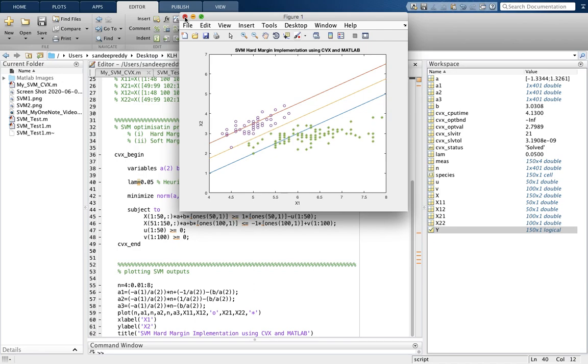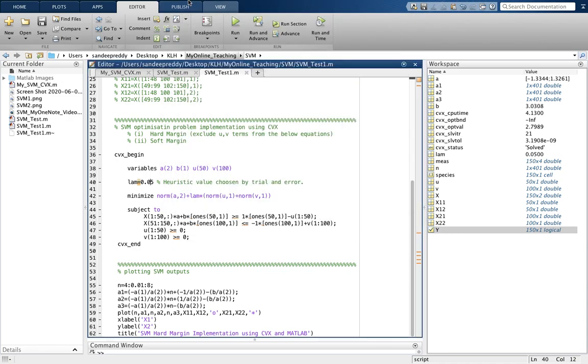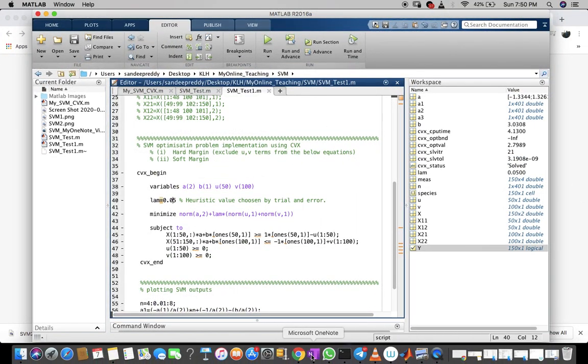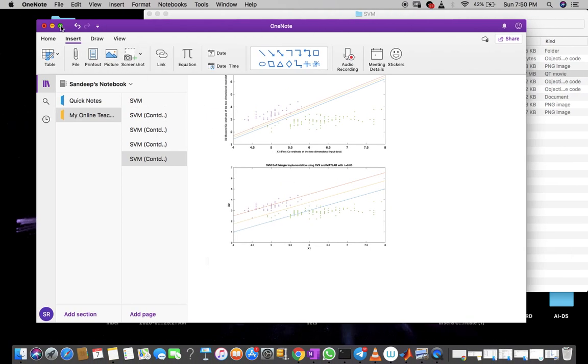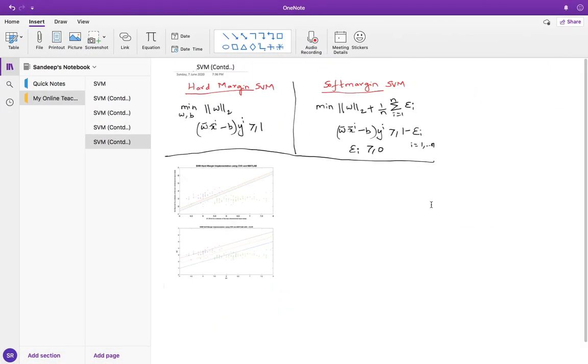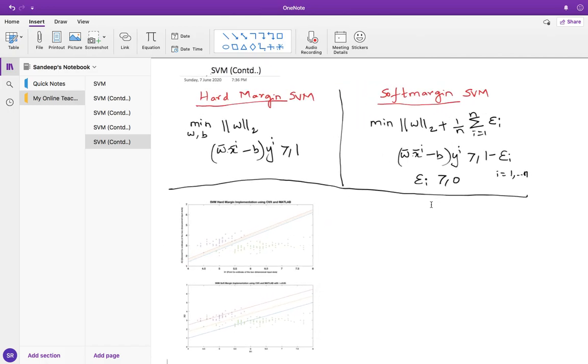You can study more details and apply it to various data sets and study further. Let us go back to our content.